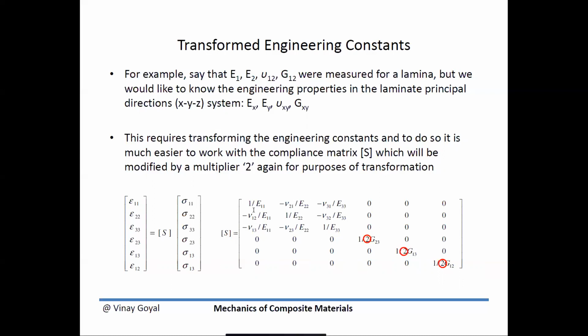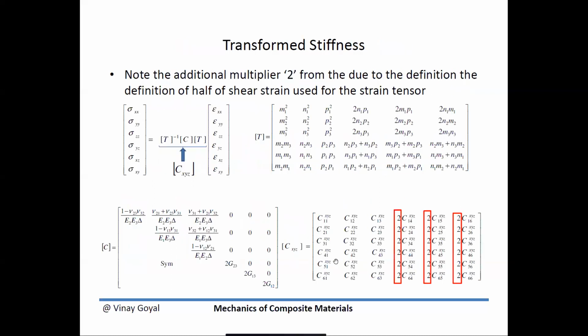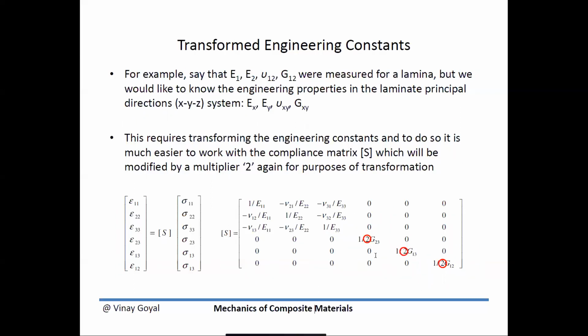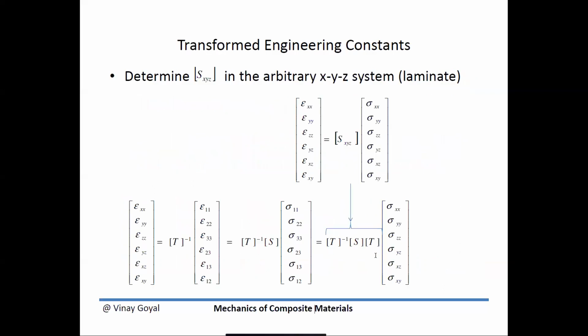But it's easier to work through this because here I will find C_XYZ, fine, but how do I relate that to the engineering constants? So instead, let's work in this system. Strain in the laminate system equals S_XYZ times stress in the laminate system. Strain in the laminate system equals the T inverse times the vector in the lamina system.